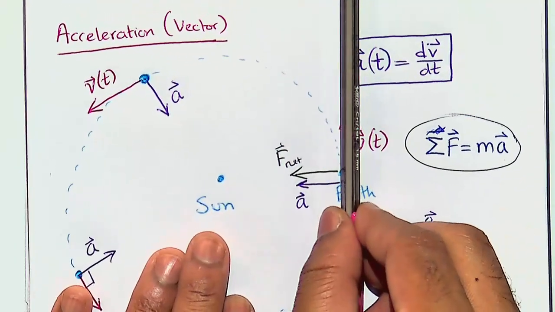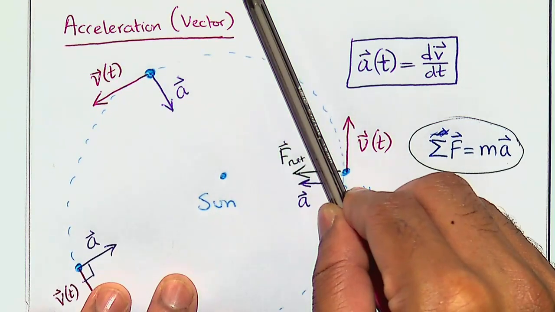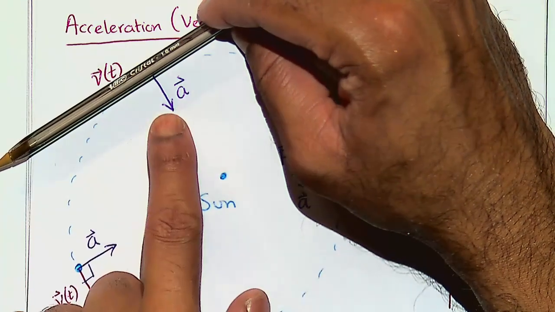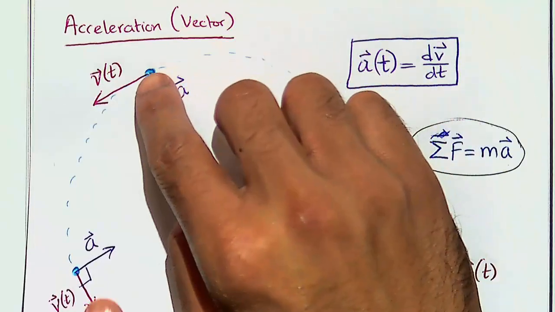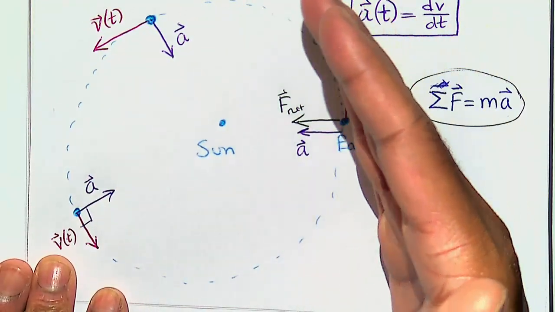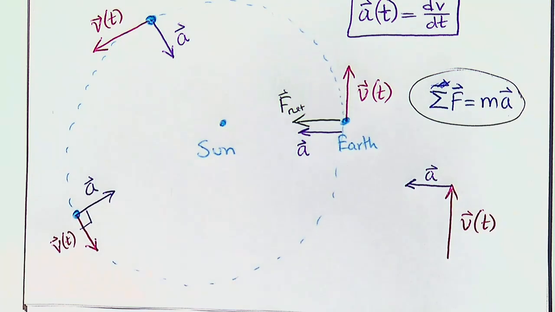When the velocity is pointing like this and the acceleration is sideways like this, it tries to yank it this way. It tends to rotate it this way. So it's kind of tugging it along as it goes around, and that's what keeps the velocity vector changing direction the whole time. Does that make sense?